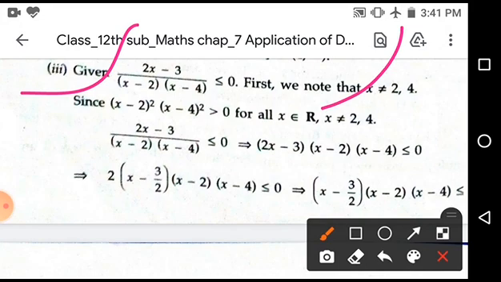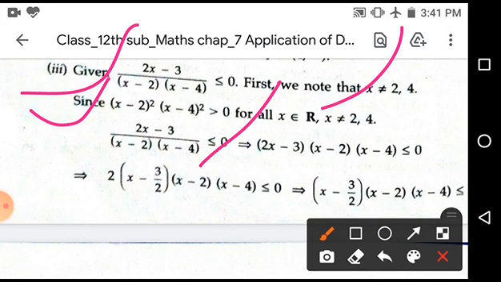So we can write here (x minus 2) whole square and (x minus 4) whole square greater than 0, because we know that the square of any function is always greater than 0. So here x belongs to real numbers, that means on solving it we get (2x minus 3)(x minus 2)(x minus 4) less than or equal to 0.